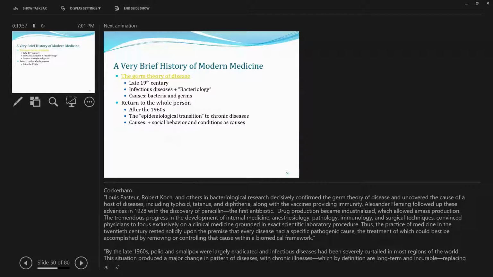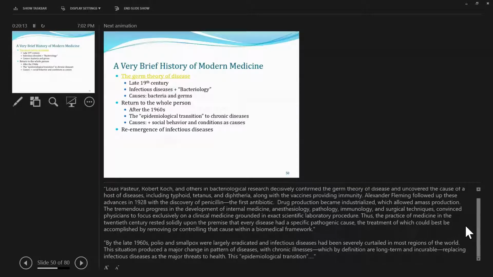This situation produced a major change in the pattern of disease, with chronic illnesses, which by definition are long-term and incurable diseases, replacing infectious diseases as the major threats to health, including CVD, right? Cardiovascular disease, diabetes, and some lung disease and liver disease.